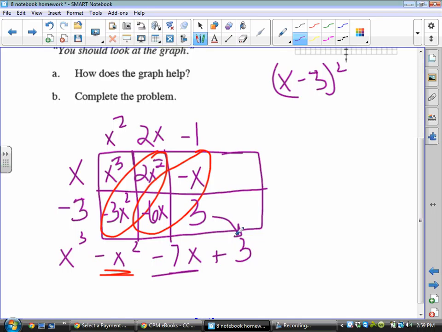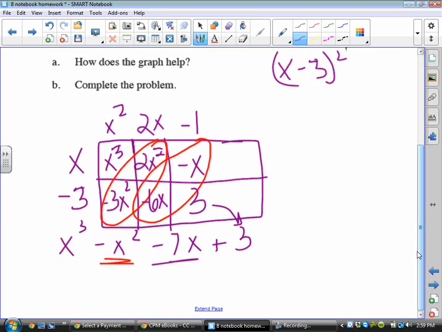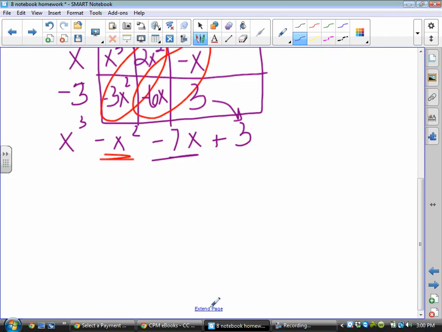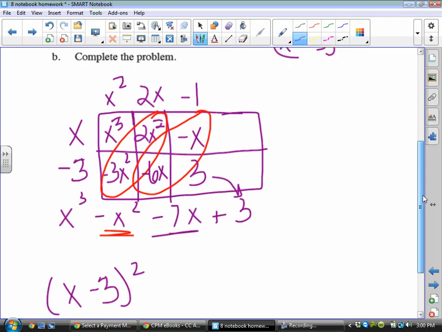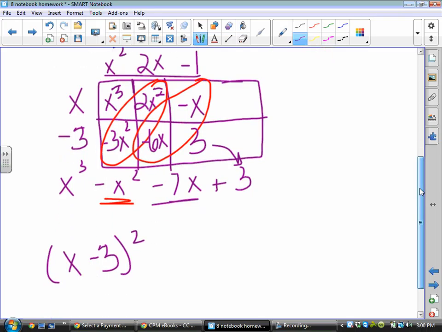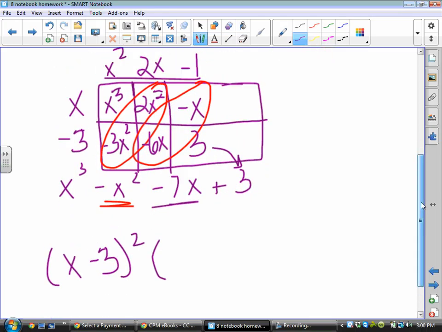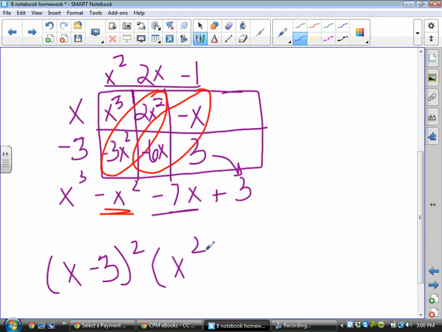Now I write everything that I multiplied together to get the original x to the fourth term. I had x minus 3 twice, because I divided by it twice. One time they did that in the problem before, and then we just did it the second time. What we have remaining is the top of our rectangle: x squared plus 2x minus 1.